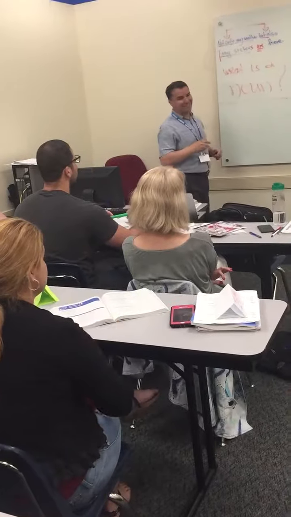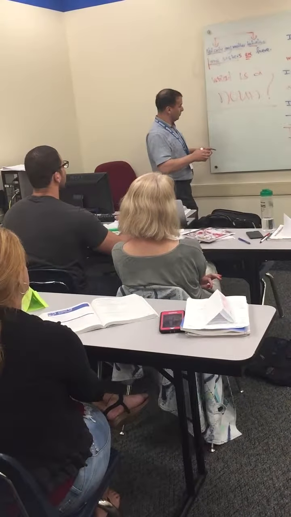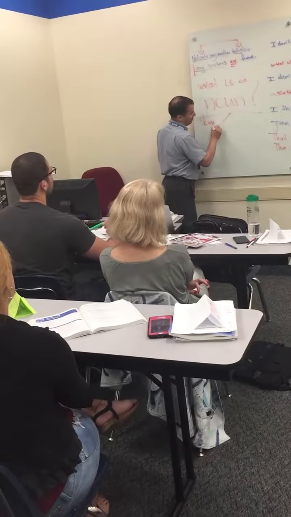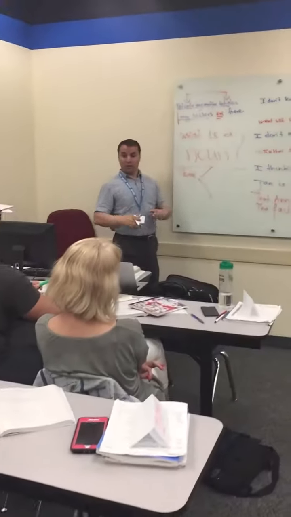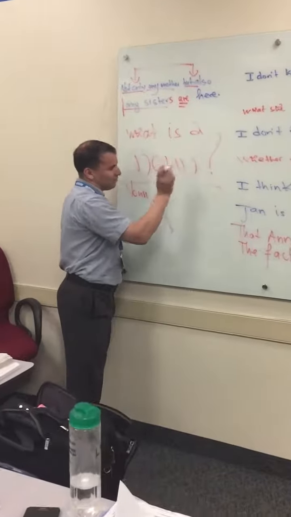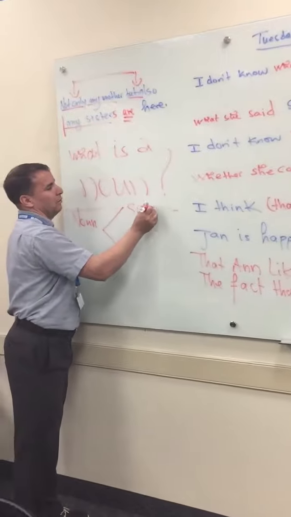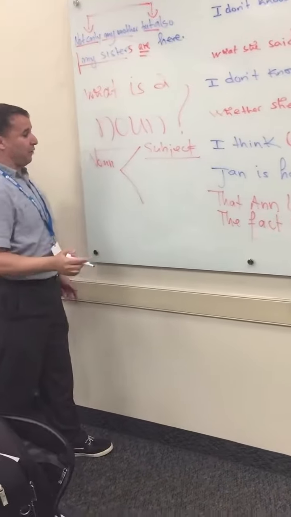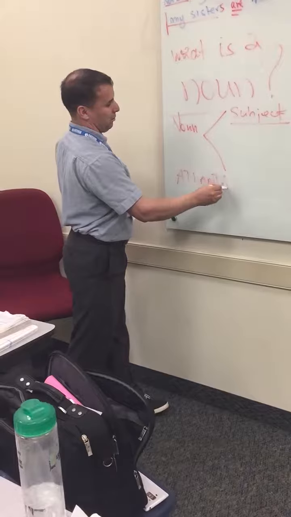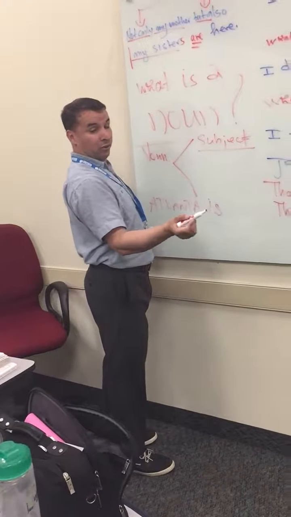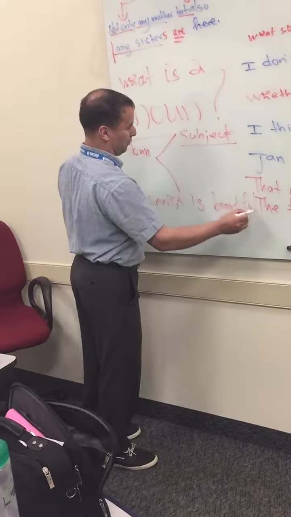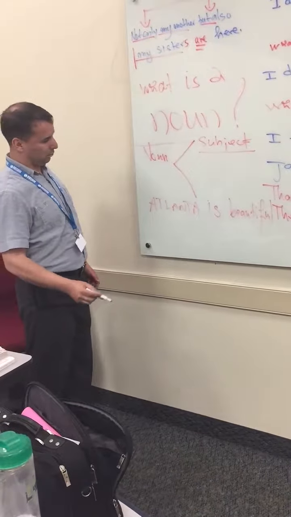Now, what's the grammatical function of a noun? A noun has different grammatical functions when we use it. Object or subject? Let's just start with subject. If I say, for instance, Atlanta is beautiful. What is your noun?